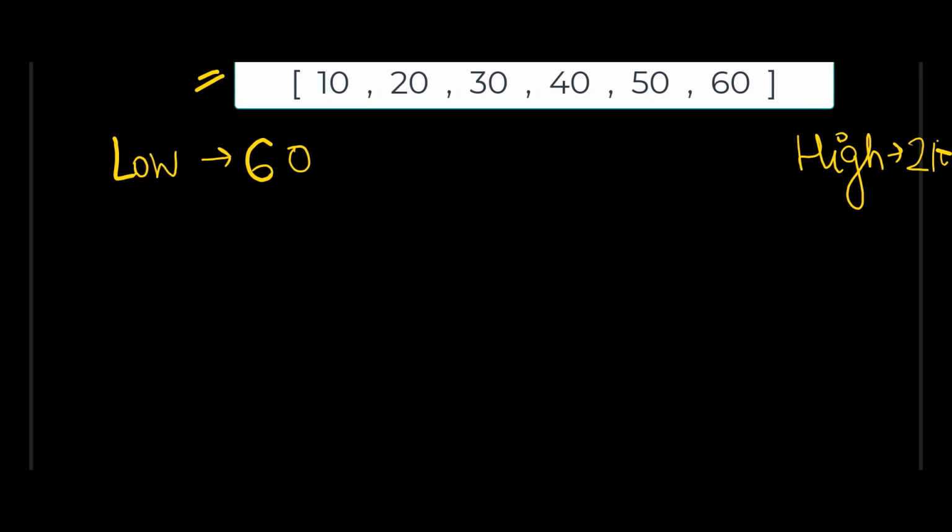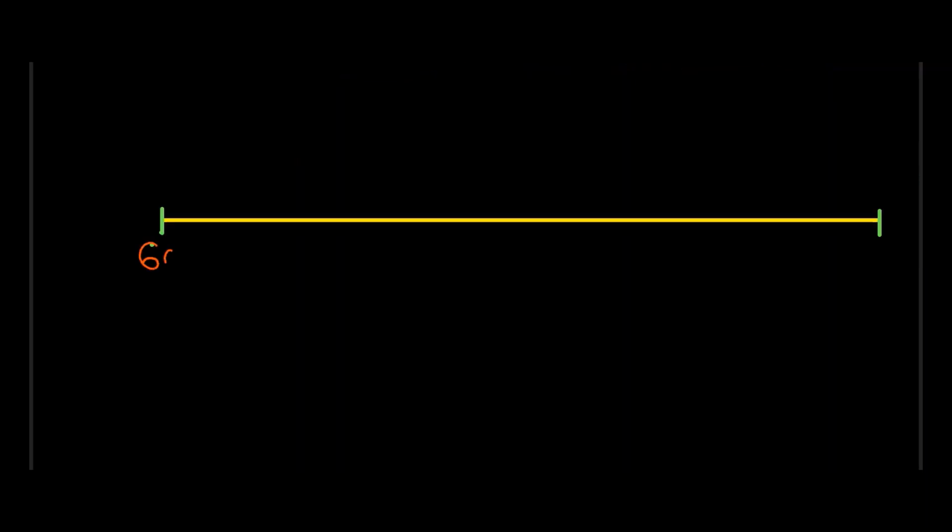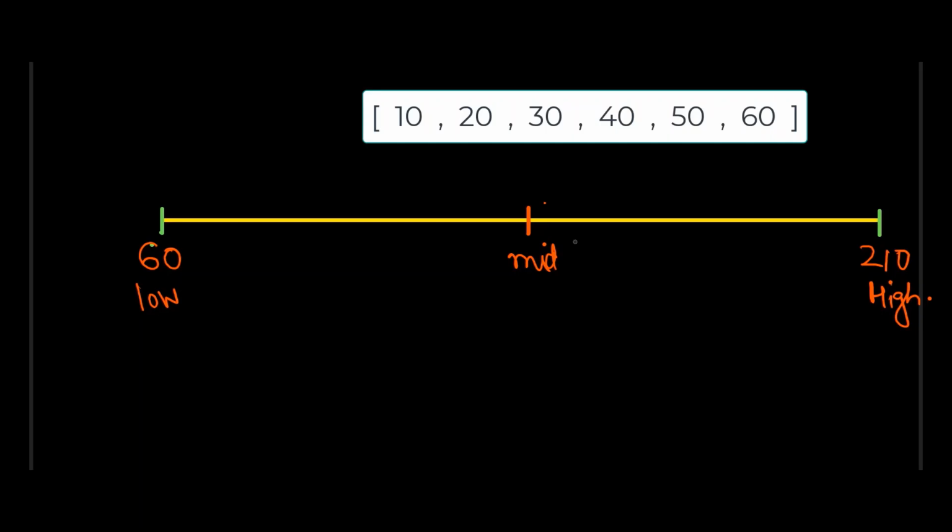I'll draw it separately, where we have 60 and 210. This is the lowest value and this is the high value. Now we will take the mid of low and high and check whether, with this mid value, we can fit the minimum painters needed to paint this board.